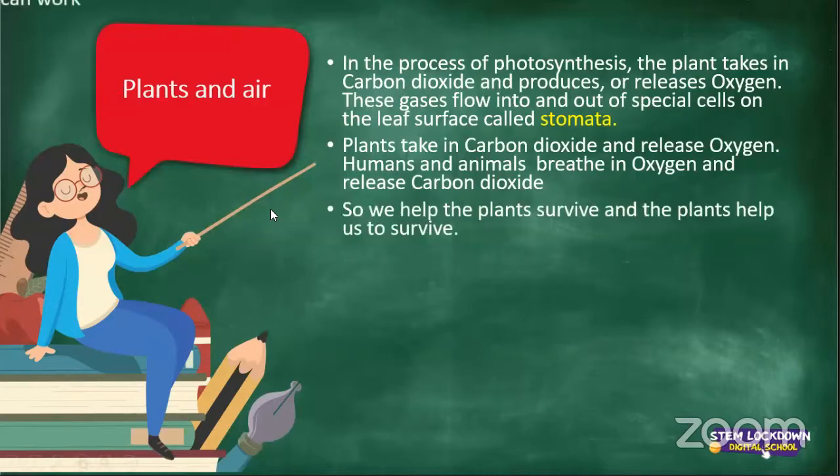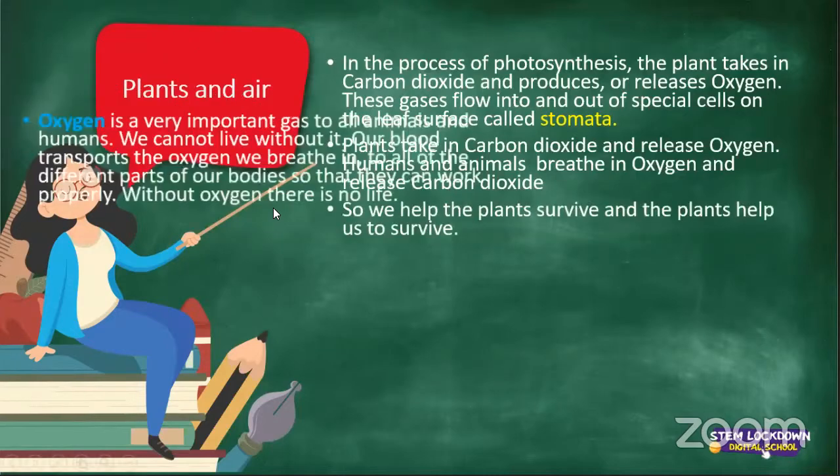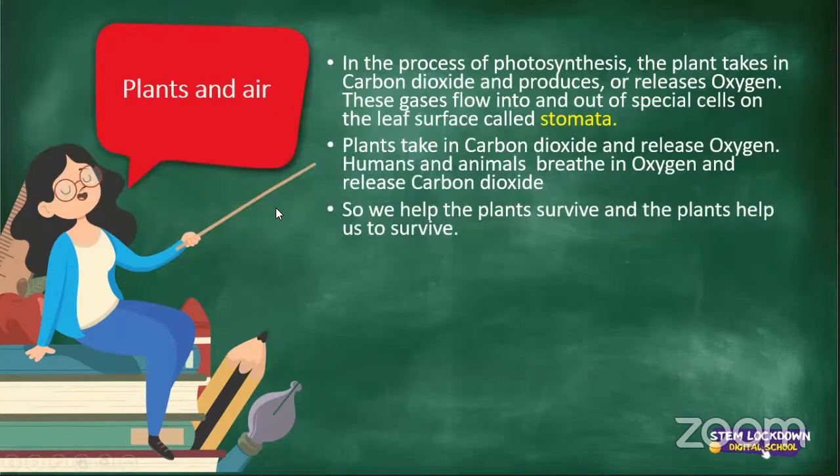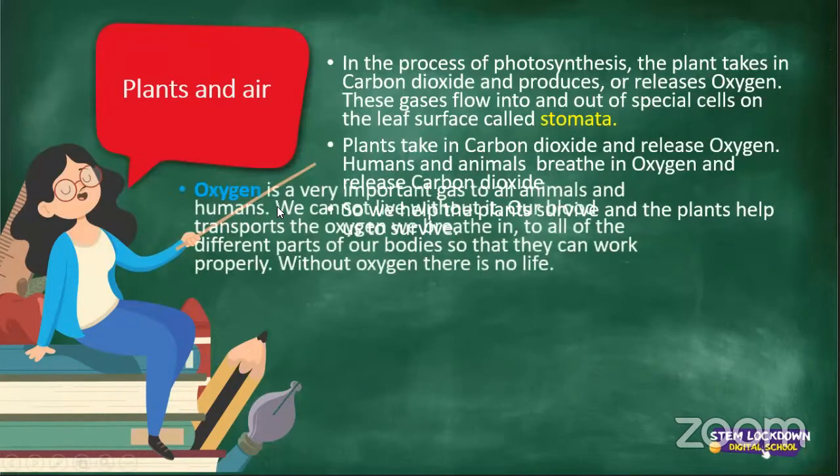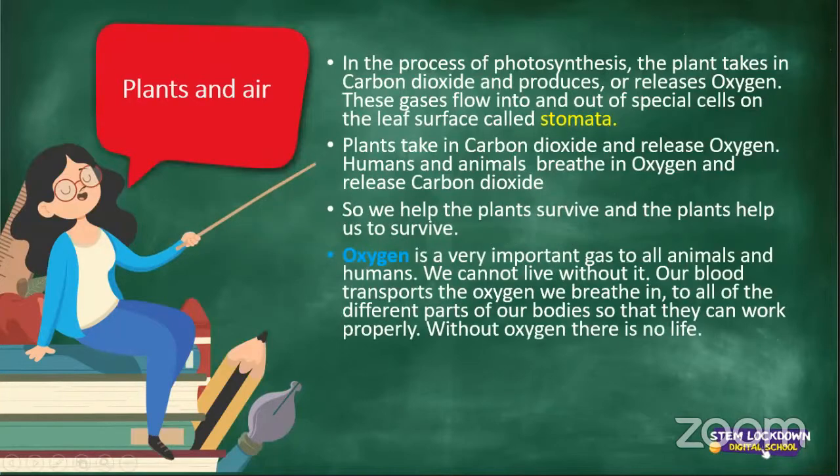All right, so we help the plants survive and the plants help us to survive. So we're all working together for survival. Oxygen is a very important gas to all animals and humans. We cannot live without it. We all know that. Our blood transports the oxygen we breathe in to all of the different parts of our bodies so that they can work properly.